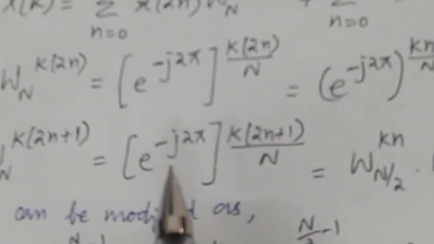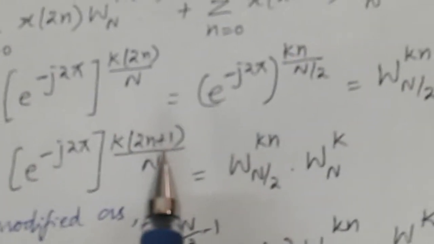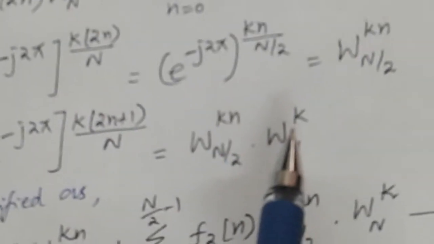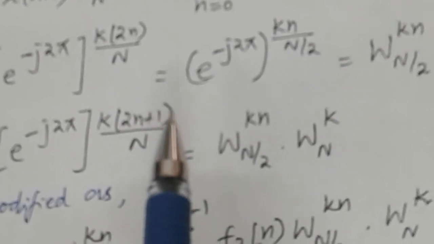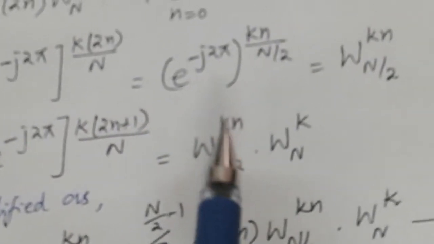The next one, W N power k 2n plus 1, is again e power minus j 2 pi k 2n plus 1 by N. Since a power m plus n can be written as a power m into a power n, this is k 2n by N into k by N. K 2n by N we already saw, and we can write it as kn by N by 2. The next one, W N power k, remains as it is.